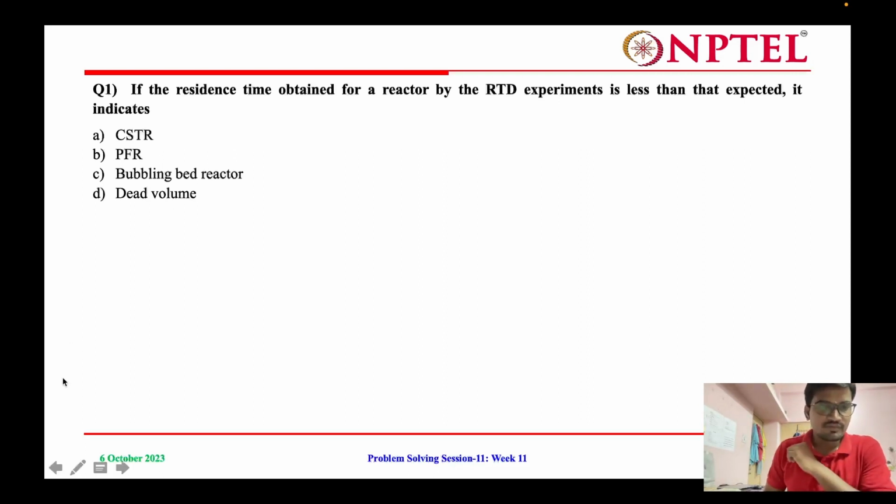MCQ 1. If the residence time obtained for the reactor by the RTD, residence time distribution, experiment is less than that expected, it indicates dead volume.